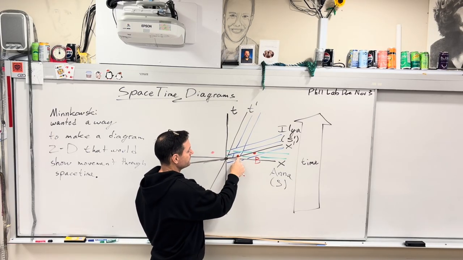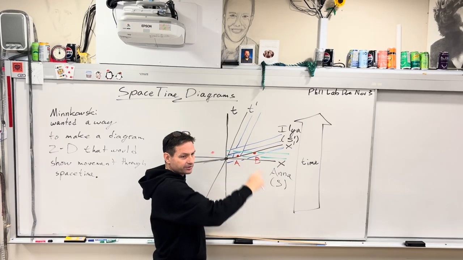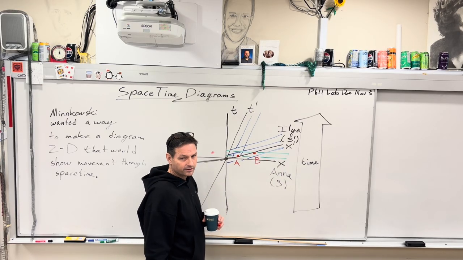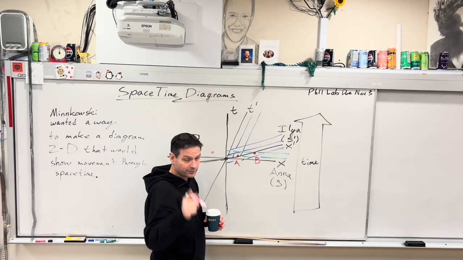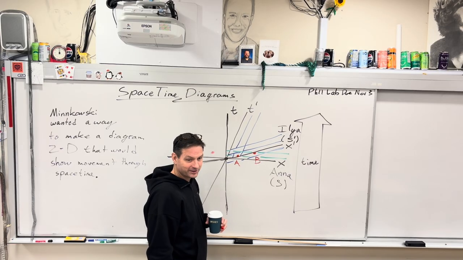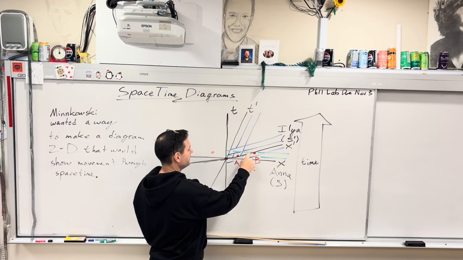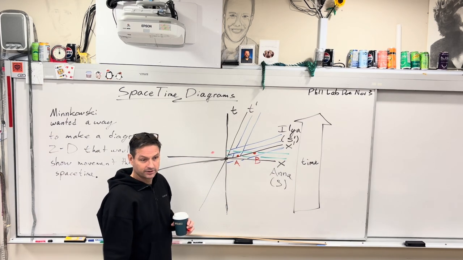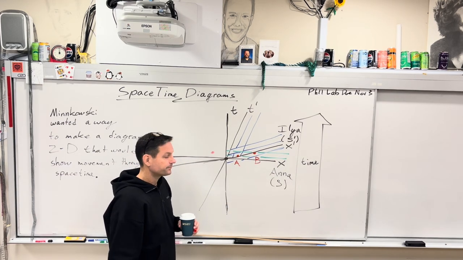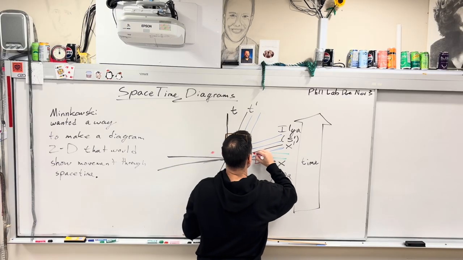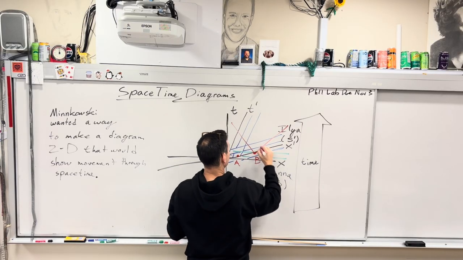To us, he happens first and then she happens, but neither could have caused the other. I'm realizing I said a mistake. I'm sorry, bro. Hopefully you watched the whole video. Why could this one not have caused that one and that one not have caused this one? They're not in each other's future cones. Yeah, they're not in each other's light cones. So you can only go 45, right?